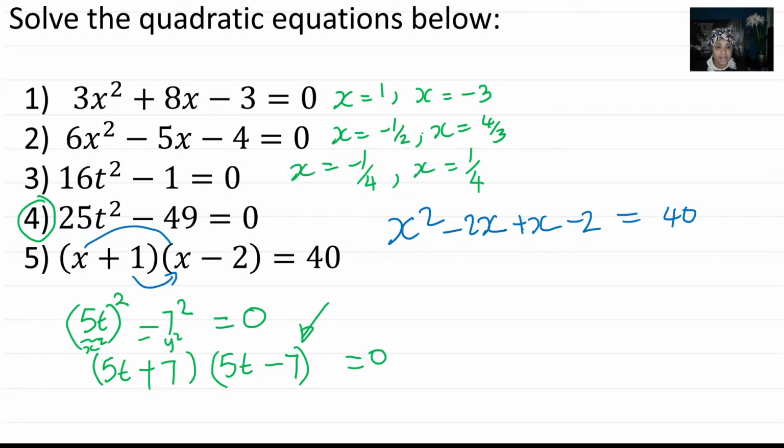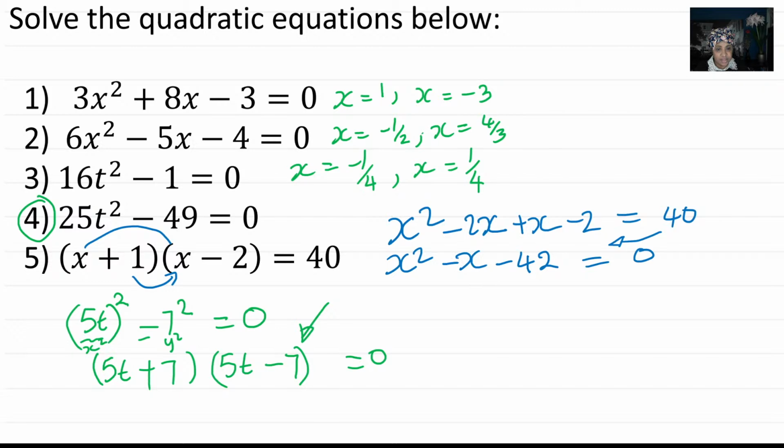Okay, we're going to collect these like terms. x squared, minus 2x plus x, that's going to be minus x. And then minus 2, we need to subtract 40. Remember, we need to have a 0. So that needs to be a negative 40 on this side. Negative 2 and negative 40 is negative 42. And now we have equal to 0.